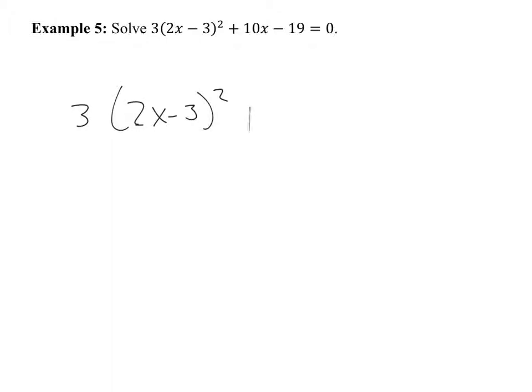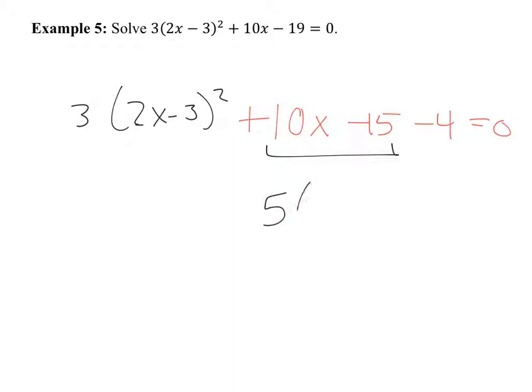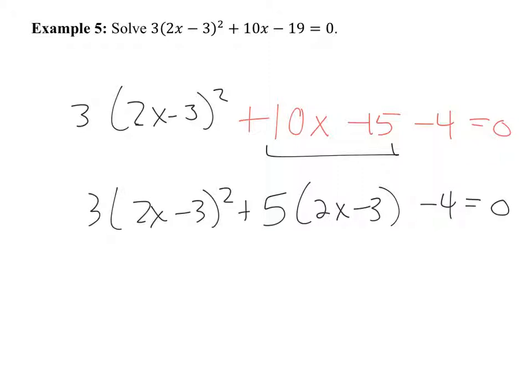If I think of the 19 and I write it like this, plus 10x minus 15 minus 4 equals 0, I could see here that I could factor out a 5, and this becomes 2x minus 3. Take a look at this tonight if you have time, please, just to get an idea of a different kind of equation, but still the same process.